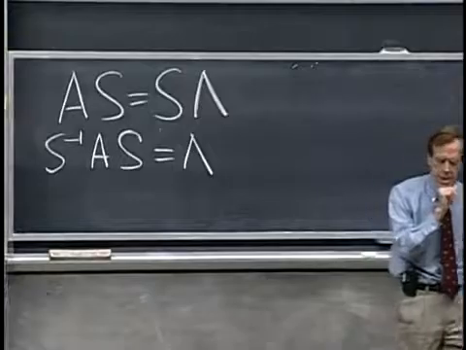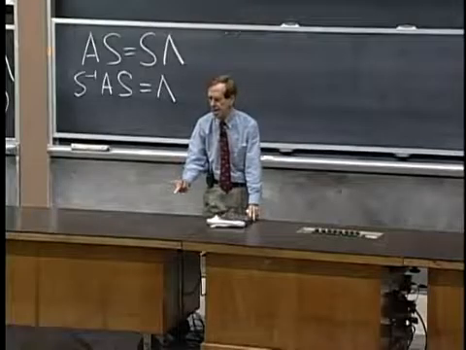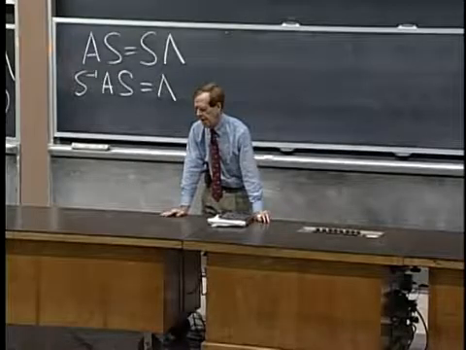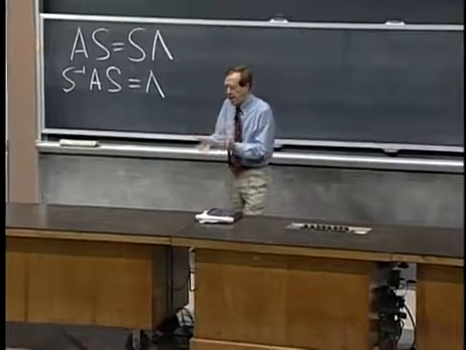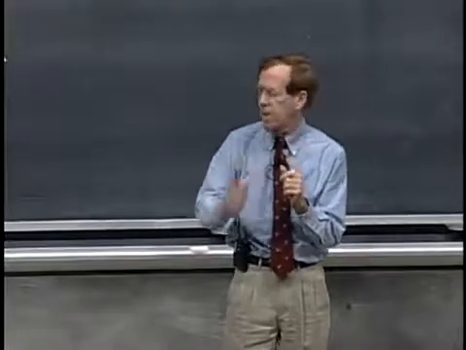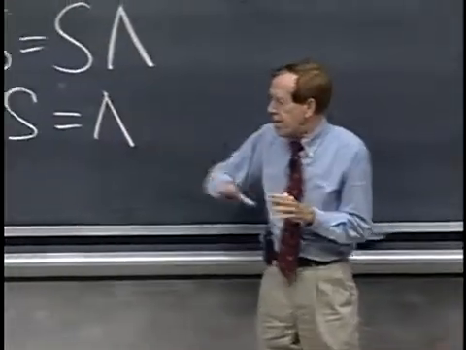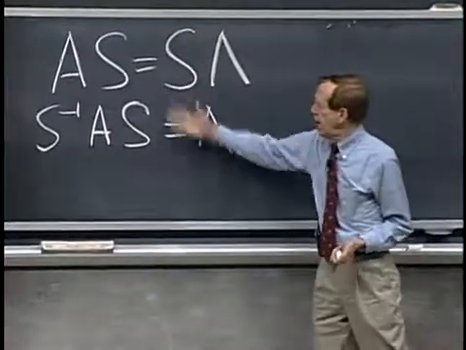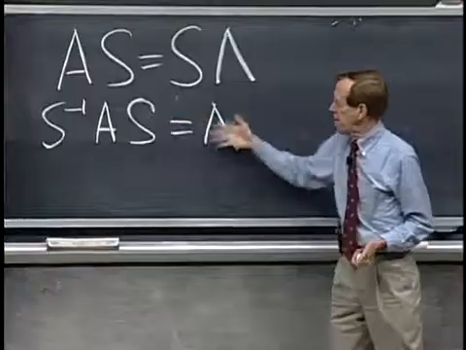And I mentioned at the end of last time, and I'll say again, that there's a small number of matrices that don't have n independent eigenvectors. So I've got to discuss that technical point. But most matrices that we see have n independent eigenvectors, and we can diagonalize.